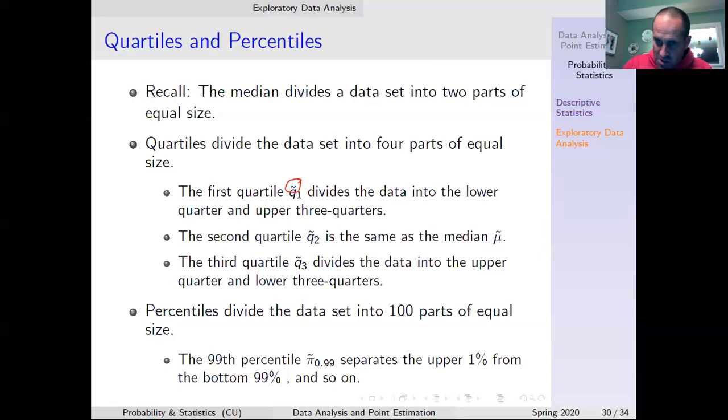Second percentile, 2% below, 98% above, etc. Okay? So for example, the 99th percentile, and you use pi for percentile, pi tilde sub 0.99, means that there is 99% below it and 1% above it, okay?